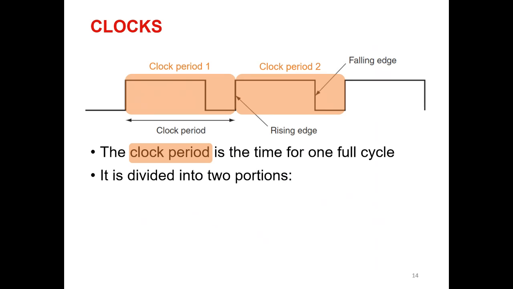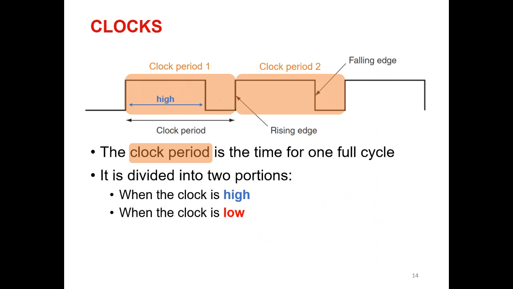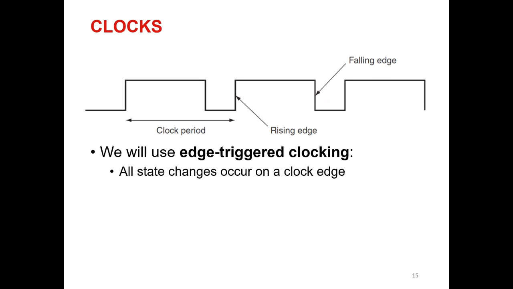and then this clock period is divided in 2 portions. When the clock is high, as I was mentioning, what you see in blue is where the clock is high, and then when the clock is low is the one you see in red. Okay, so in this lecture we will use edge-triggered clocking.